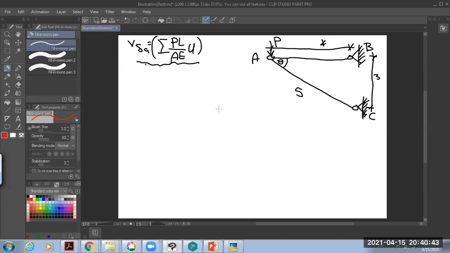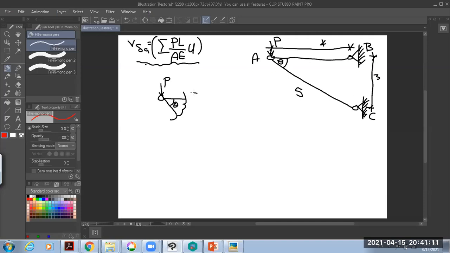First, get the internal forces for members AB and AC due to this external load.